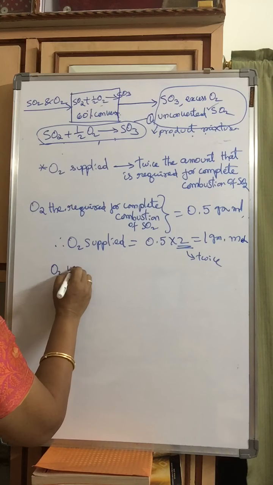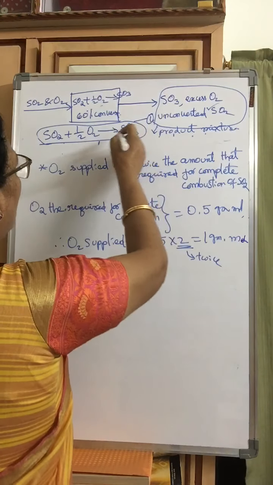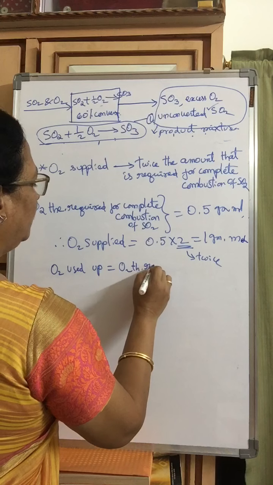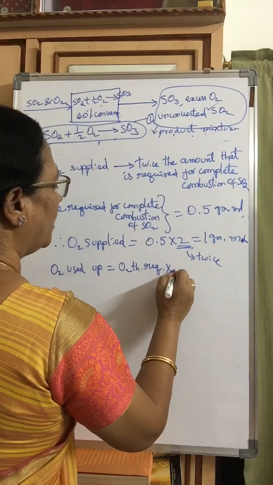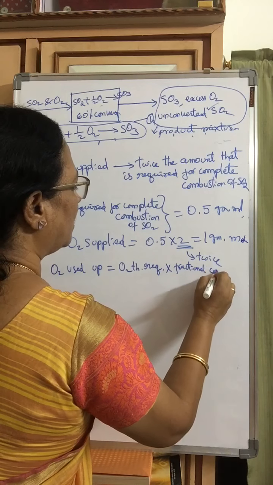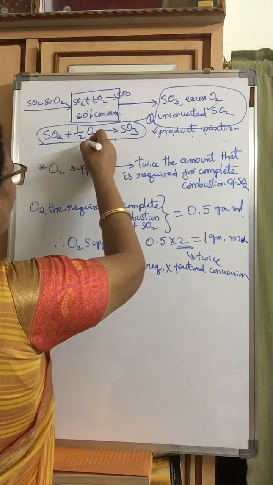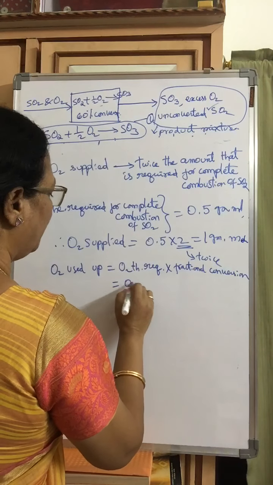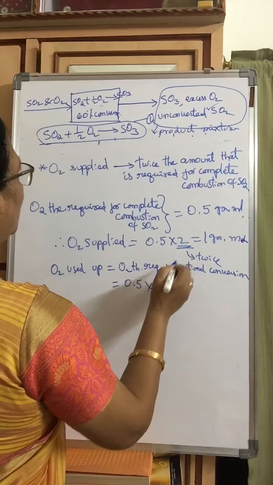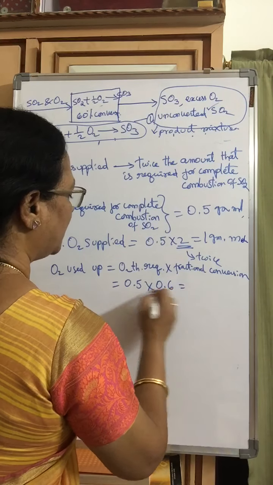Now oxygen used up. Oxygen used up is oxygen theoretically required into fractional conversion. Theoretically required is 0.5 according to stoichiometry, and fractional conversion is 60%, that is 0.6.